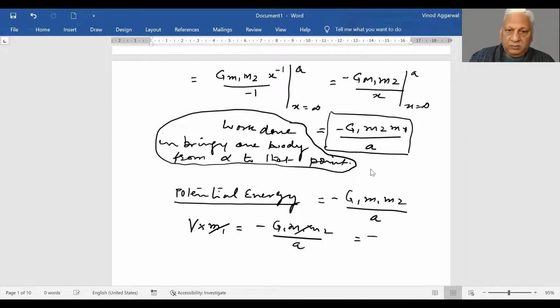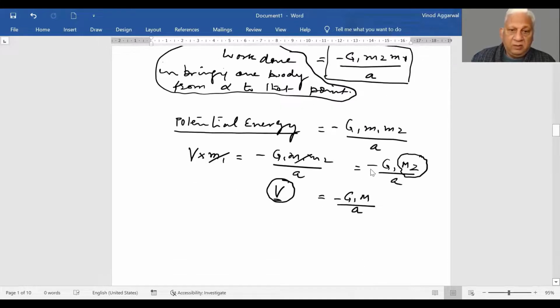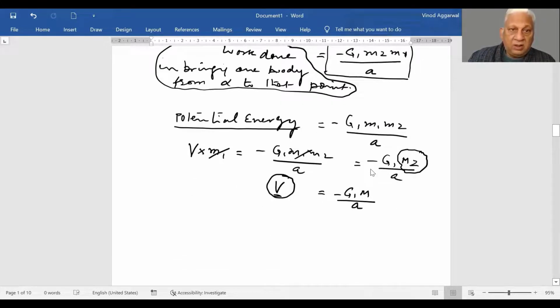So this becomes minus G M1 over a; if we take this as the mass of Earth, this is the potential.